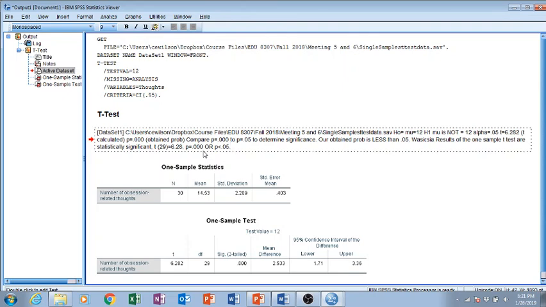Okay, and as you do these tests more and more, you're going to come to realize that any t that is this big, or z or F or whatever test statistic we're using, any value that's this big is going to be statistically significant, most likely. I can't even think of a situation when it wouldn't be.